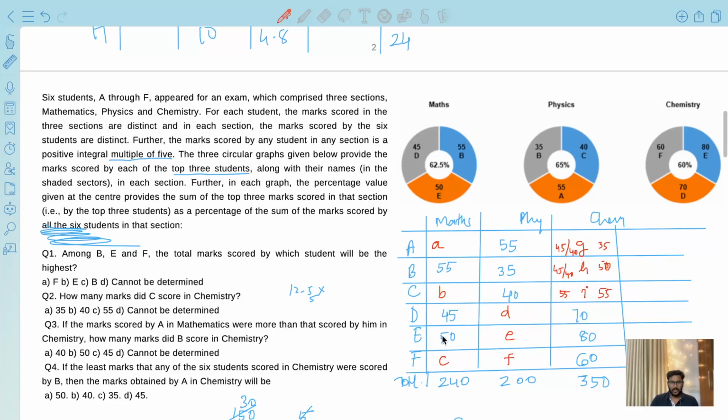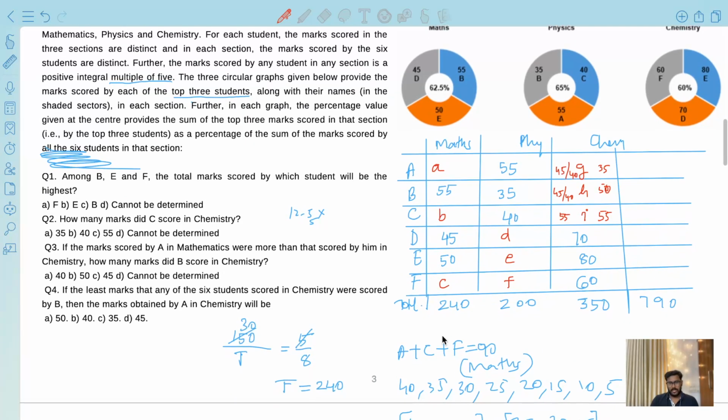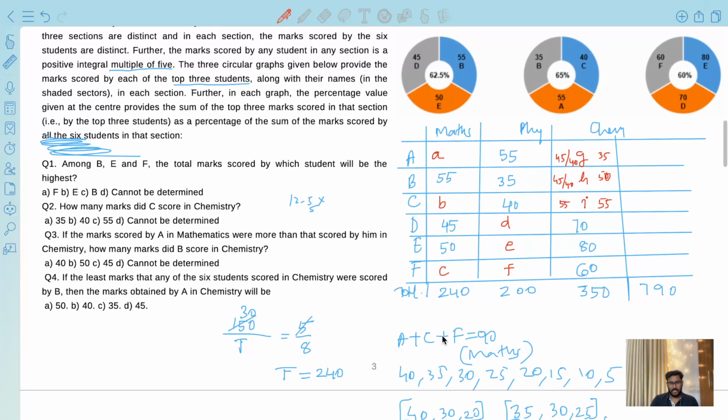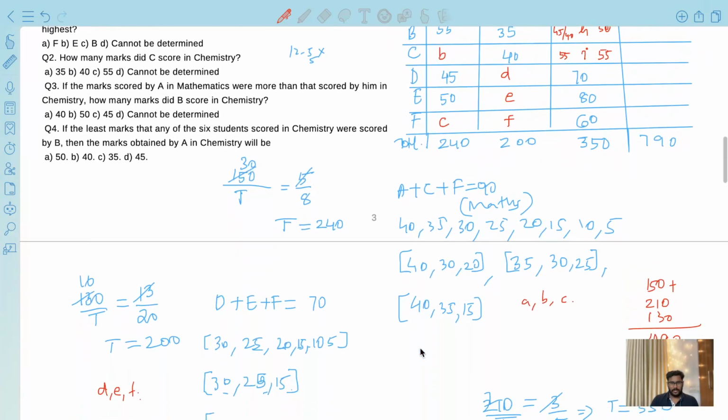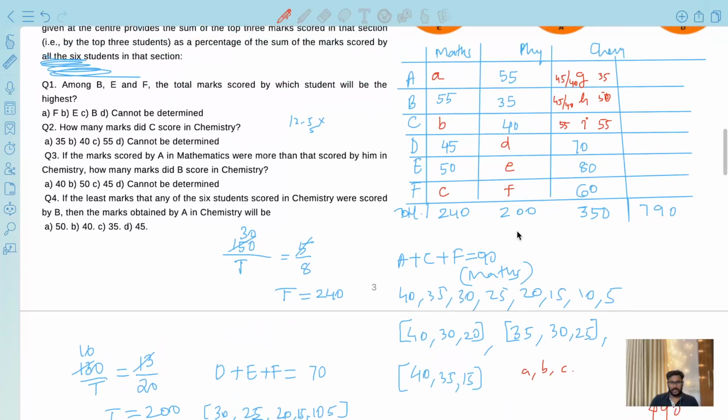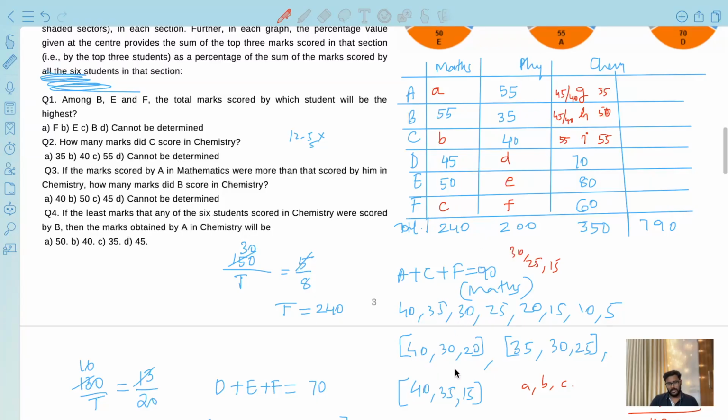That's good. Now, ABC has 3, and D is 30, 25, and 15. Yeah, 30, 20, 40 works. That will work.